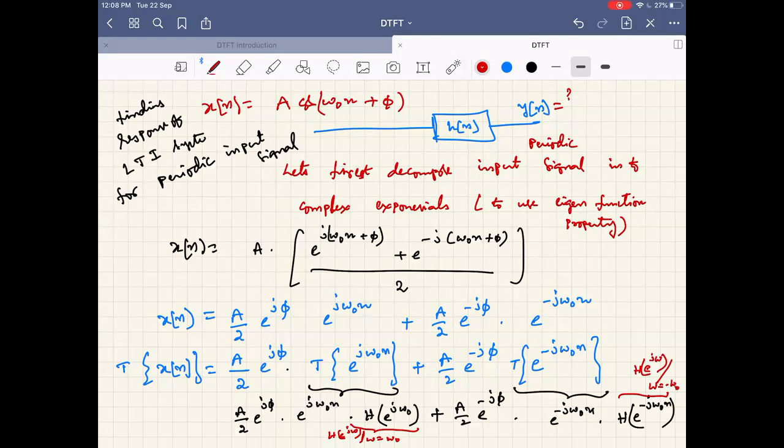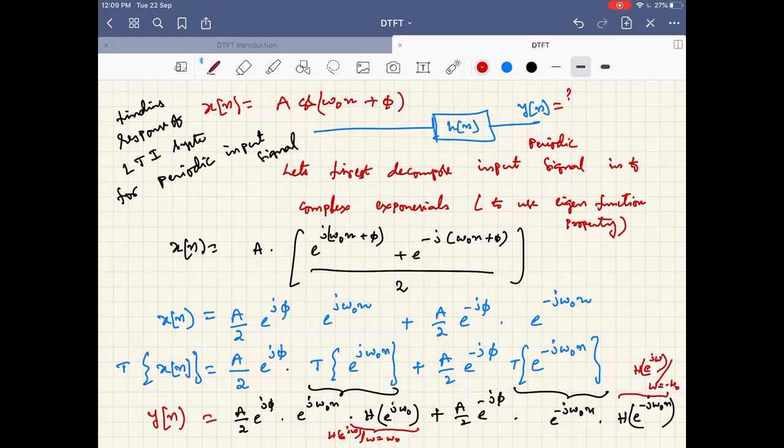You should be very clear there. So this is the final expression for y of n. This is how we can simply apply the eigenfunction property.